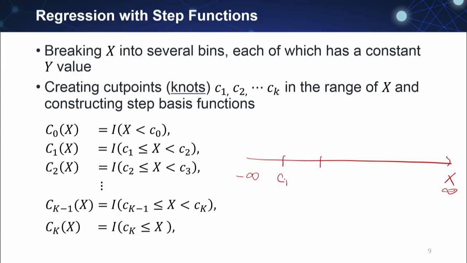The cut points are the dividing points C1, C2, up to CK. They divide the region into less than C1, between C1 and C2, and so on, and larger than CK. Then the basic idea is to fit each bin with a constant value of y, like this.